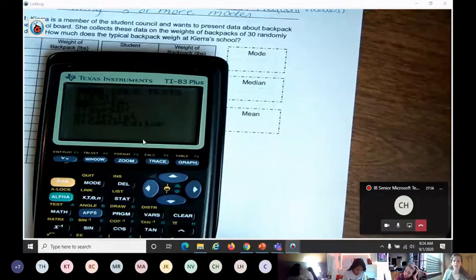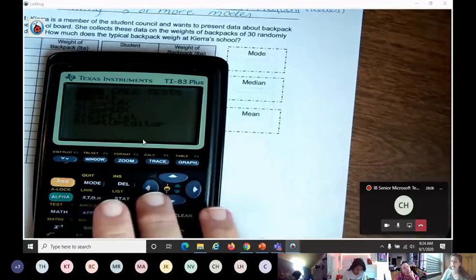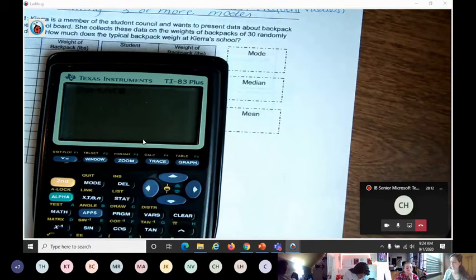You can brighten your screen and maybe that'll help. So you go to, I'm gonna start over, stat, and you go to edit to edit your list. To actually sort it, you go down to 2 where it says sort A, and then you want to type in the correct list. Yours might be L1. My L1 was busy doing something, so I'm going to stick in my L3.